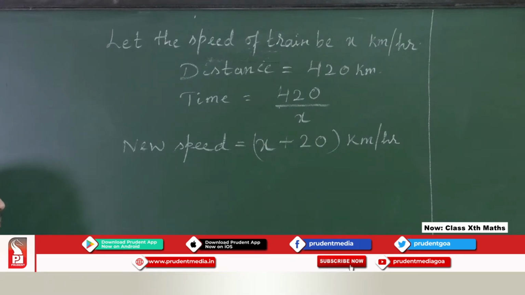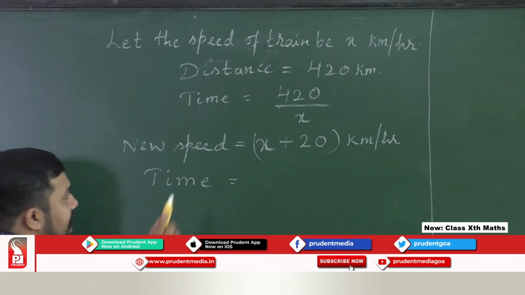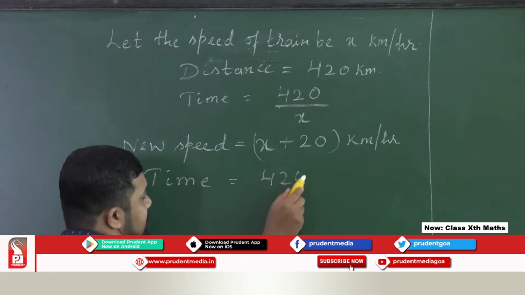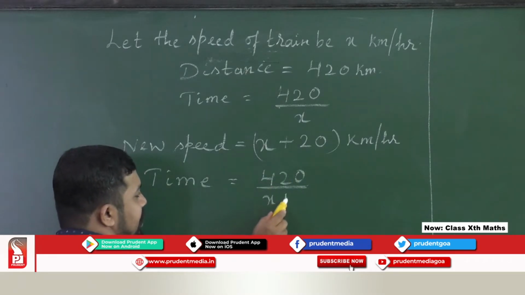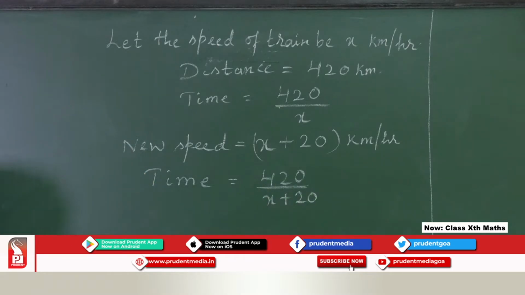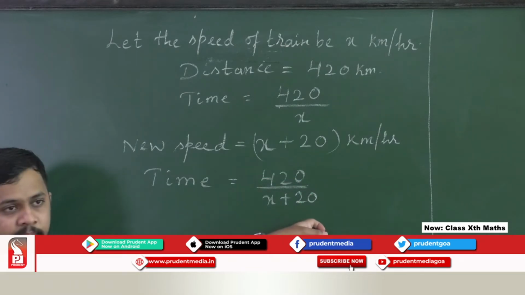Distance remains the same, 420. Time will change. Again the formula of time is distance upon speed, so 420 over x plus 20. So I got two expressions for the time: one is 420 by x and one is 420 by x plus 20.